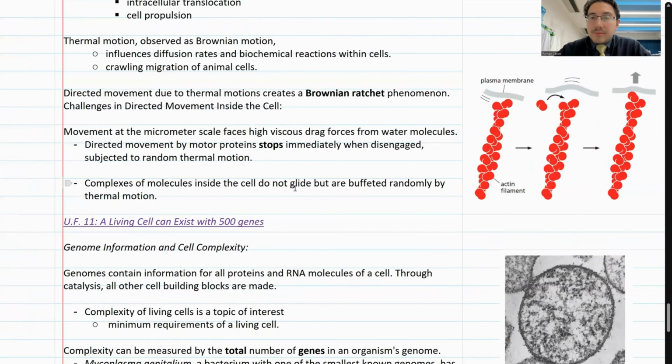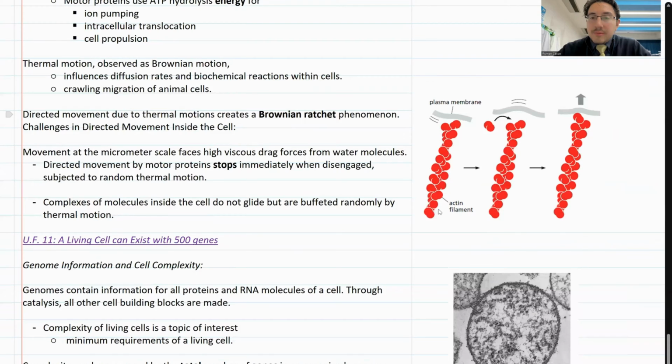I'm going to zoom out a little bit: you have this little plasma membrane and you have this little filament here. Due to some resistive forces of water molecules, directed movement by motor proteins will essentially stop. And whenever they stop, you can get some kind of vibration motion in the plasma membrane.